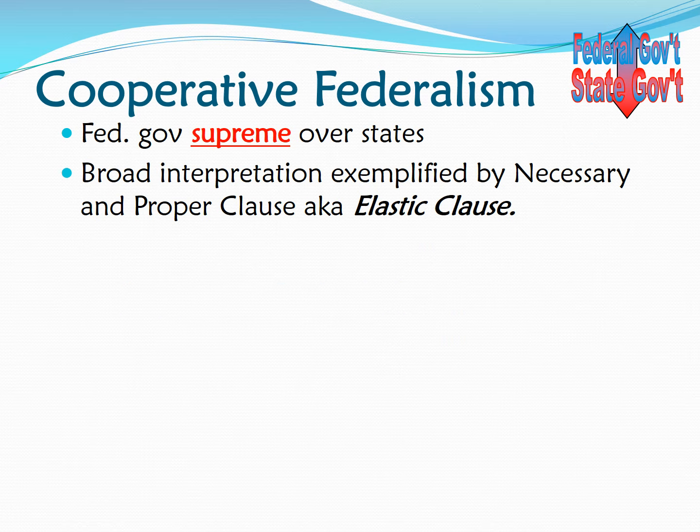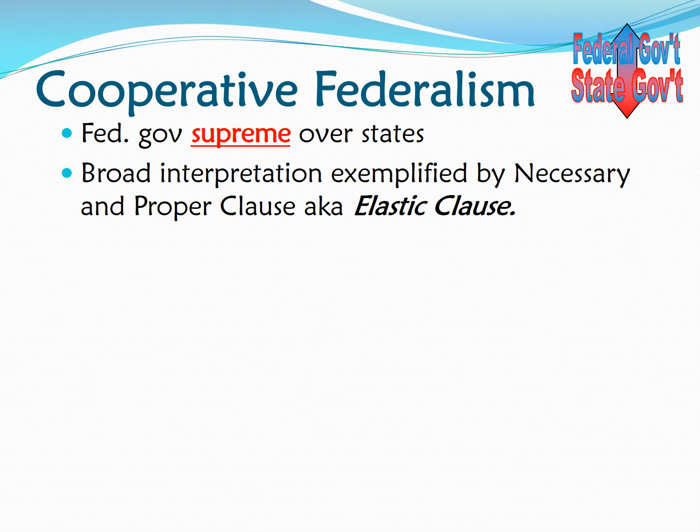Okay, so you see here again, the federal government starts to really build off of the supremacy clause that we talked about in Article 6. It was always there, but during the 1800s and early 1900s, the federal government didn't press quite as hard to exert their powers over the states, with certain exceptions. But now we start to see a more broad interpretation of the Constitution. We start to see Congress and the federal government seek to expand their power and dictate more to the states what they want to accomplish.